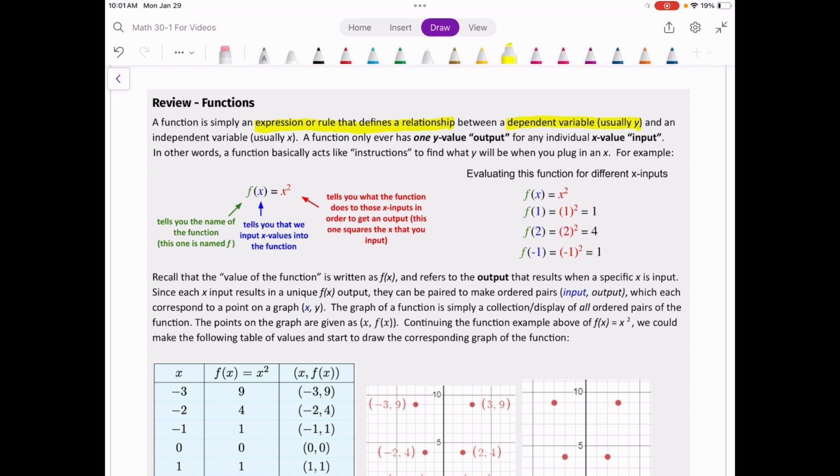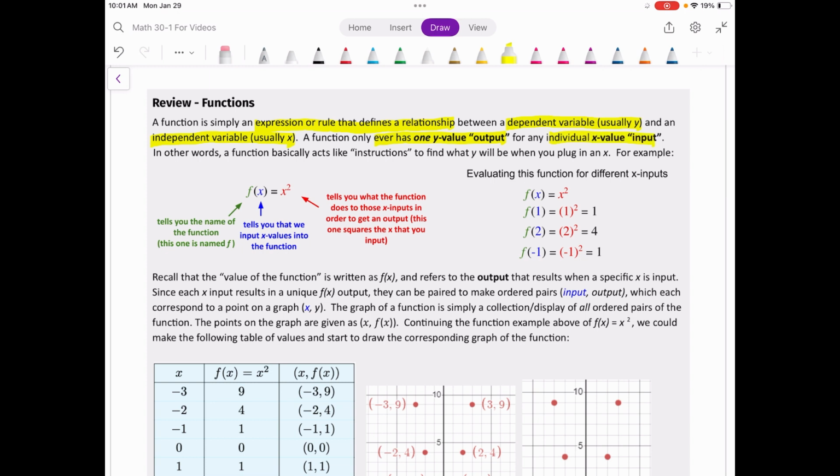We say y depends on x, or y is a function of x, meaning the value of y depends on the value of x. We put in x's, and what y comes out depends on the x we put in. A function only ever has one y value output for any individual x value that we input.